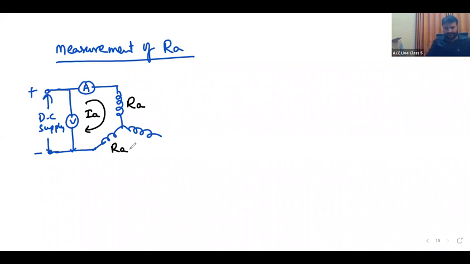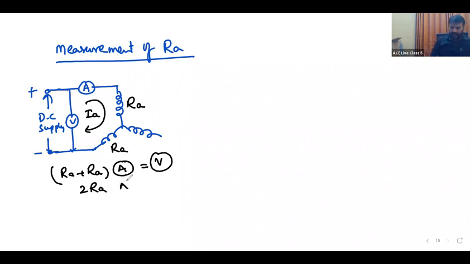So therefore, Ra plus Ra into Ia is equal to the voltmeter reading. Or Ra plus Ra into the ammeter reading is equal to the voltmeter reading. So 2Ra into the ammeter reading is equal to the voltmeter reading.